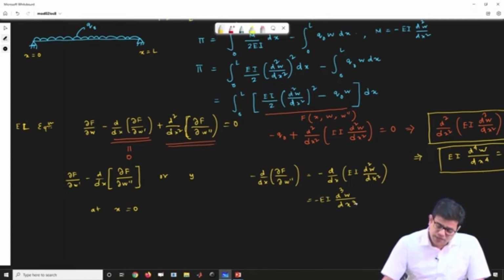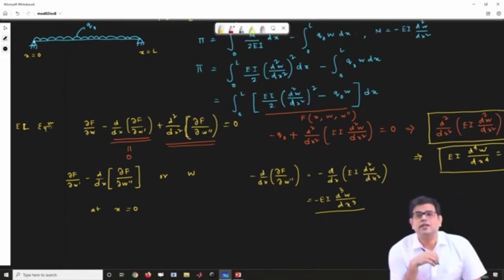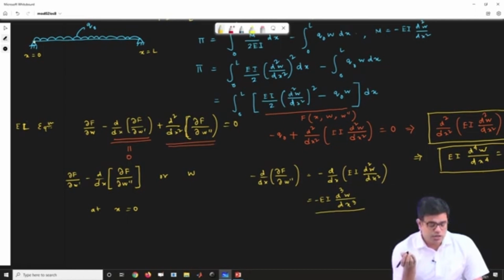Either this quantity has to be specified, or W has to be specified. In our case here, W is specified instead of this quantity. So at this point the shear force condition is not specified, rather the displacement condition is specified.